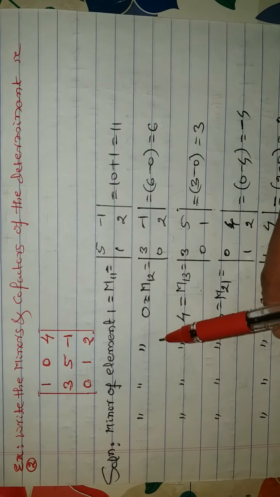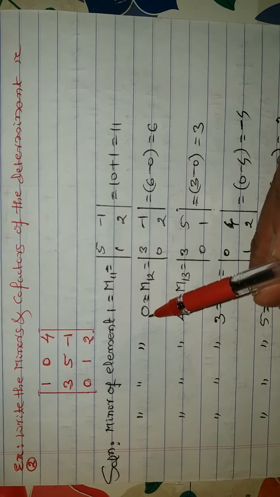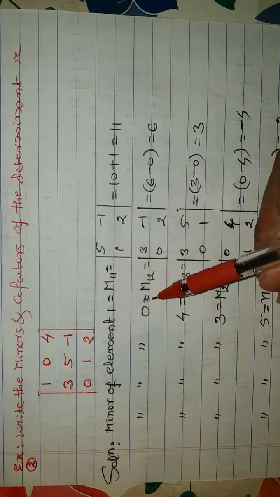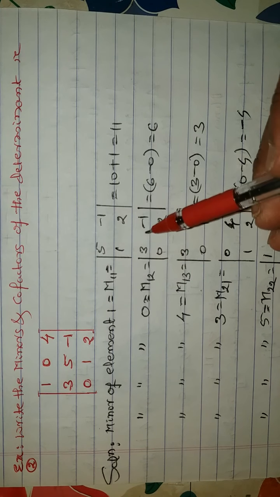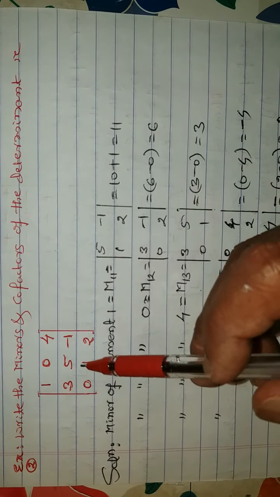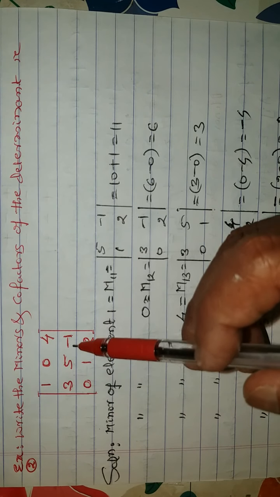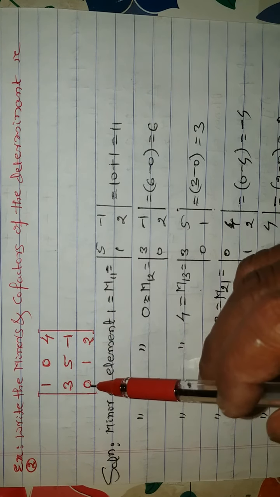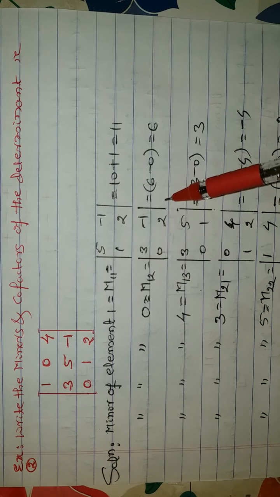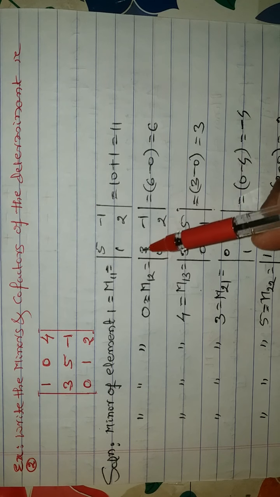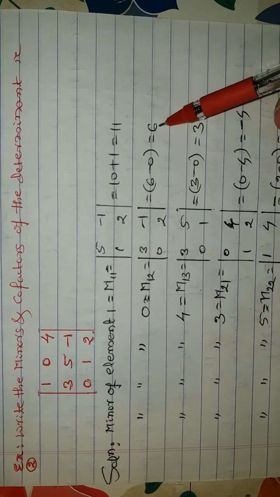Similarly, minor of the element 0, which is in the A12 position, can be denoted by M12. That equals, you leave this row and this column, remaining elements are 3, minus 1, 0, 2. Multiply principal diagonal elements minus secondary diagonal elements, which gives the result of 6.